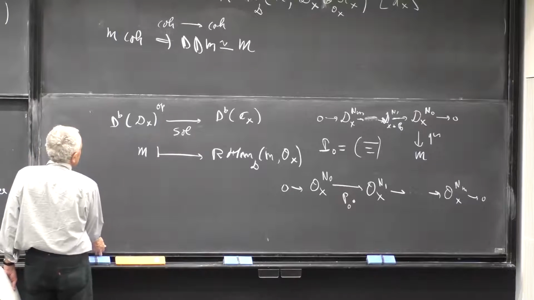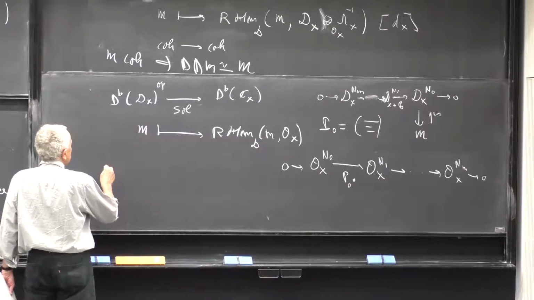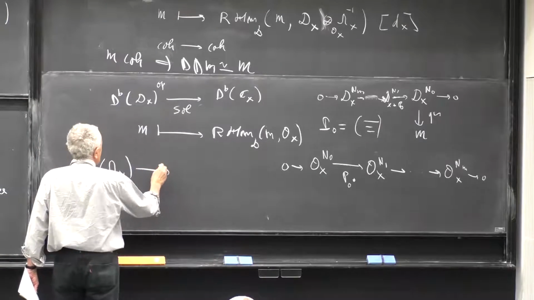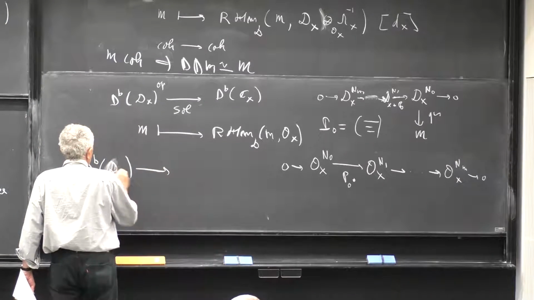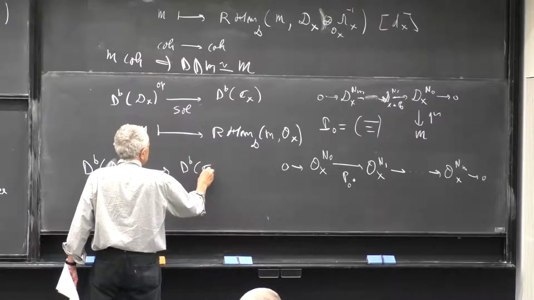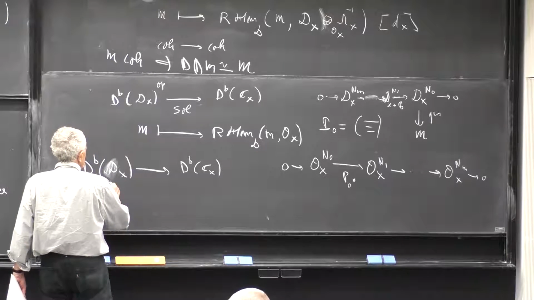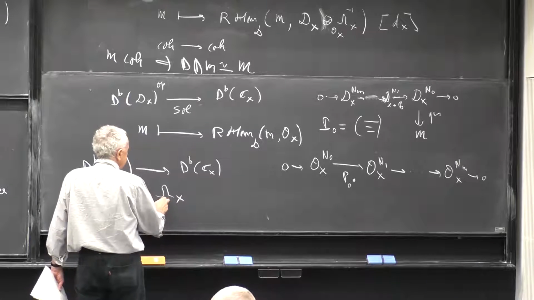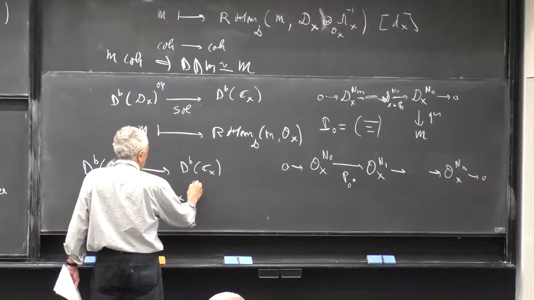And there is another very similar functor, called the de Rham functor, from D-b of D_X to D-b of C_X. It's almost the same: to M you associate the differential forms, which is a right D module.